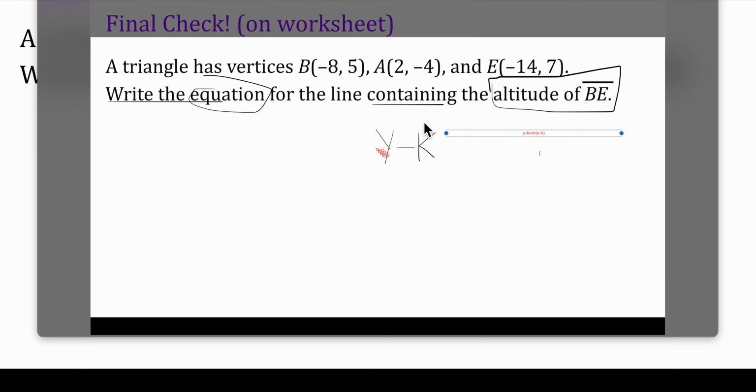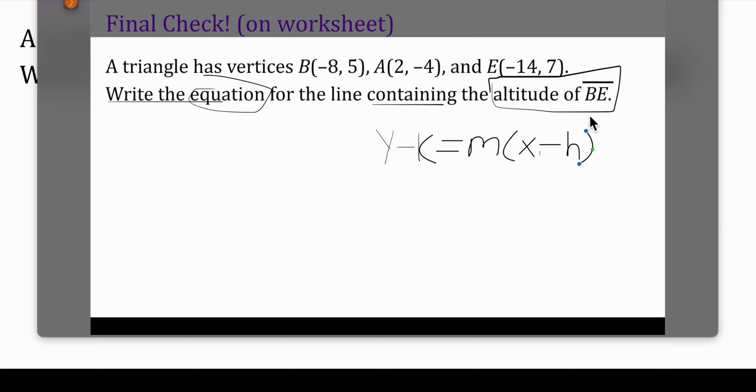Never mind, I'll just write it like this. y minus k equals. Oh, this is way better. Never mind. x minus h.